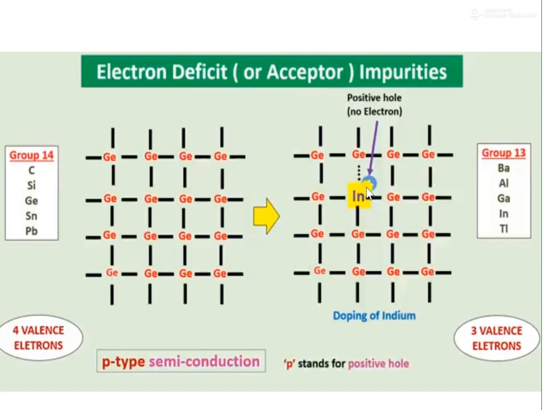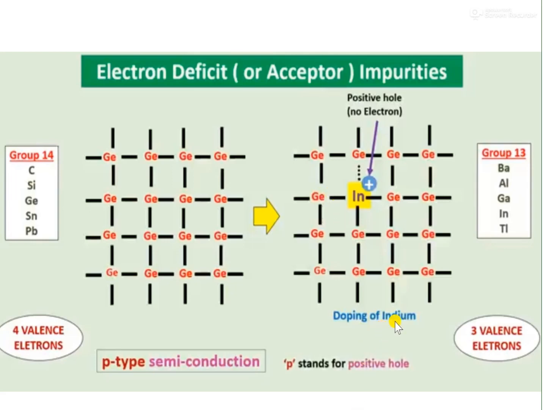When we add this indium, these 3 electrons can form bonds with other germanium atoms, but 1 will remain empty. So here a positive ion, known as a hole, will be produced. No electron is present here. For electric conduction, there must be some holes, or positive holes, so then other electrons can move into this system.